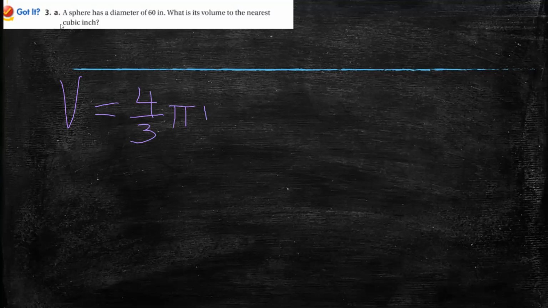A sphere has a diameter of 60 inches. What's the volume? So here we need to find the volume of the sphere. The volume of the sphere is 4 over 3 pi r cubed. Now from here they told me that the diameter is 60, so the radius will be 30.